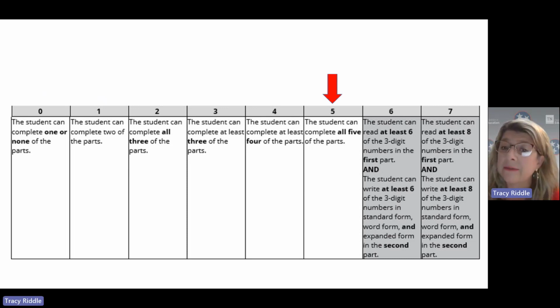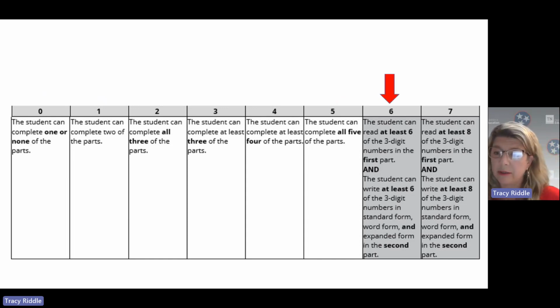If the student is successful with all 5 parts at level 5, you can move into assessing the second grade standard. Now keep in mind, there are 2 sections for the second grade standard. First, you are giving the students numbers to read.